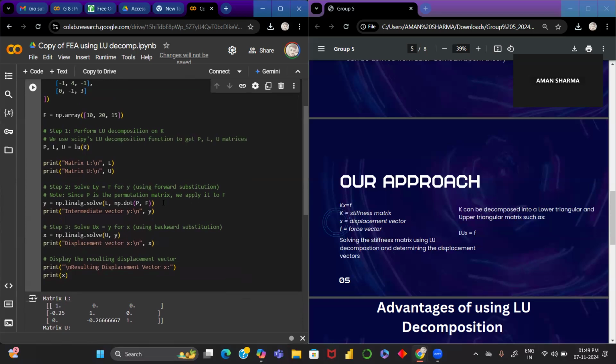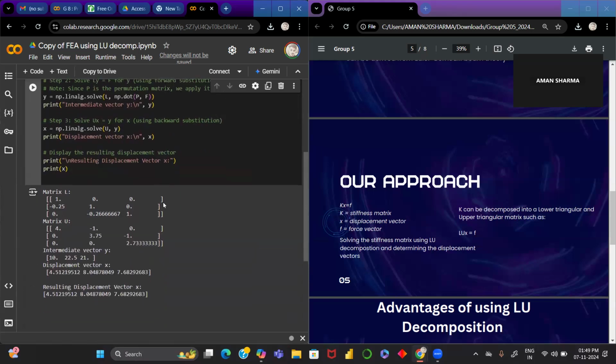By analyzing whether the displacement vector is large or small, we can know the strength of buildings, bridges, or something like that. See, the output is given here.